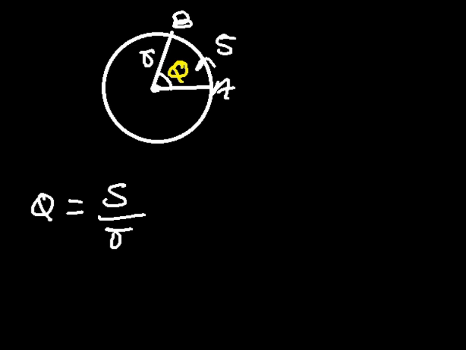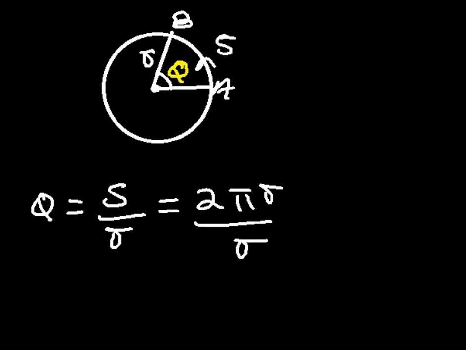Now, assuming the object has traveled from point A along the whole circumference of the circle back to the same point. The radius of the circle won't change. The arc length will now be the circumference of the circle, 2 pi r, divided by r, where r is the radius.